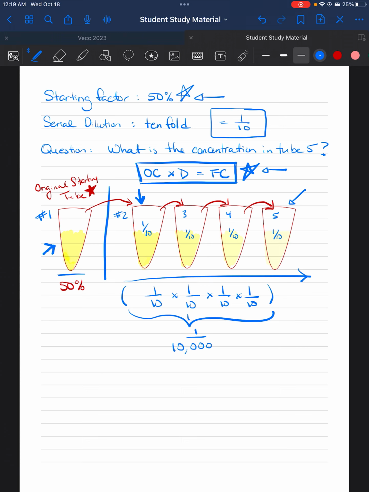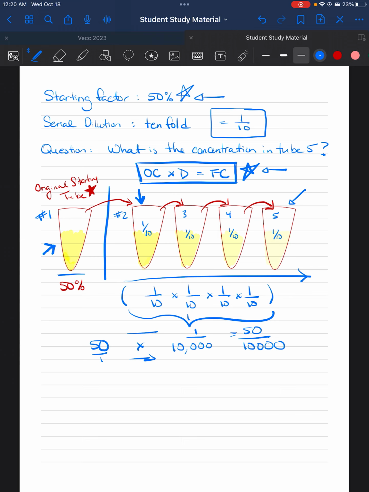1 in 10,000 dilution. So if we did original concentration times our dilution equals our final concentration, we can go 50, like our 50%, times 1 in 10,000. Remember, as a whole number, this can be 50 over 1. So all we need to do is multiply that going over. So that's going to be 50 over 10,000.